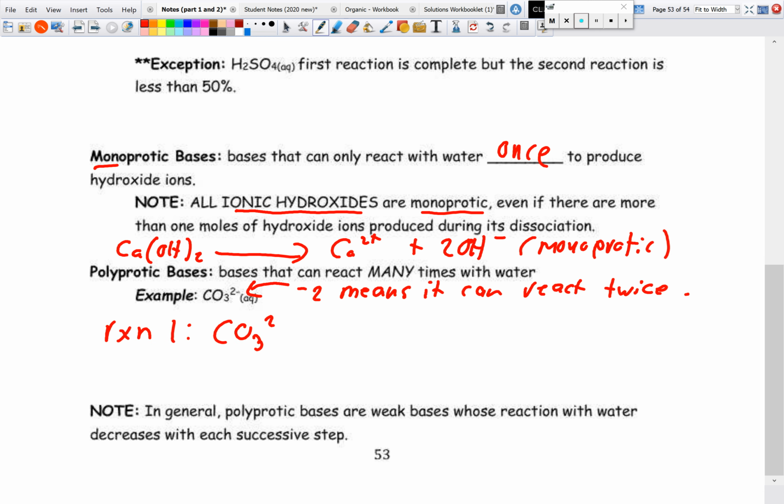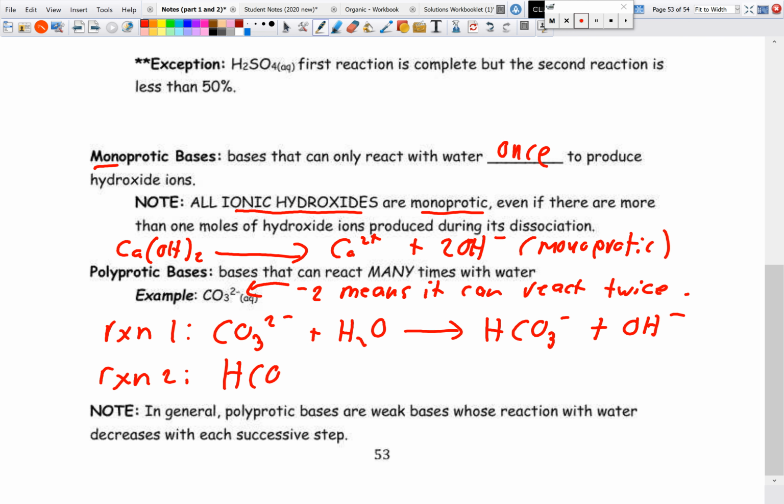If we start with our polyprotic base, it can react with water. And remember, we're dealing with a base, so we need to form hydroxide. And of course, we can get another reaction where we finally get our final product like that.